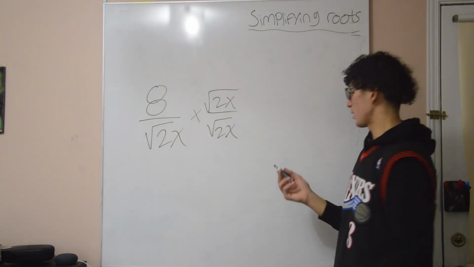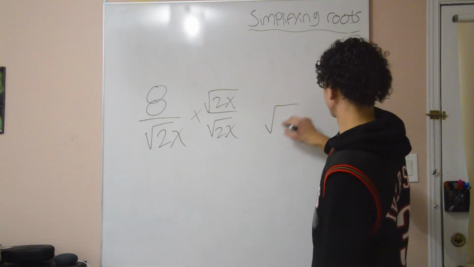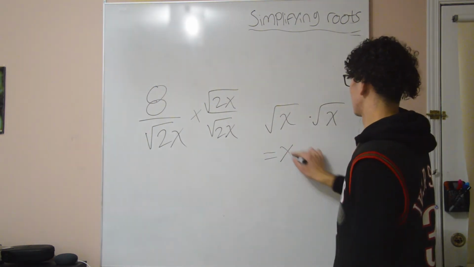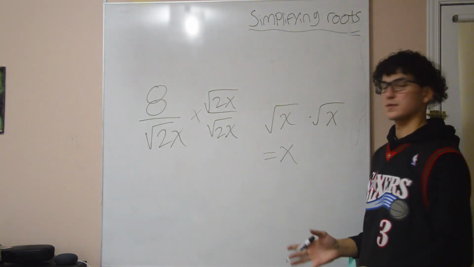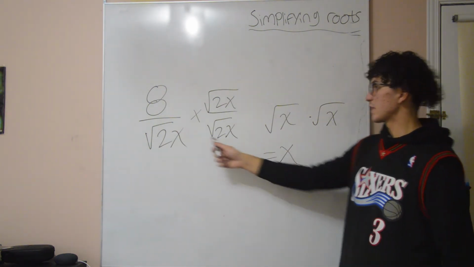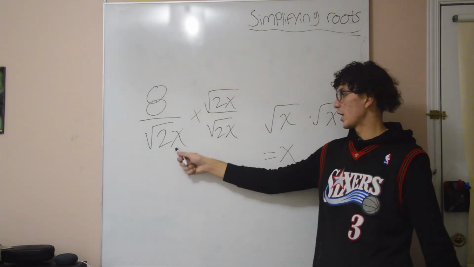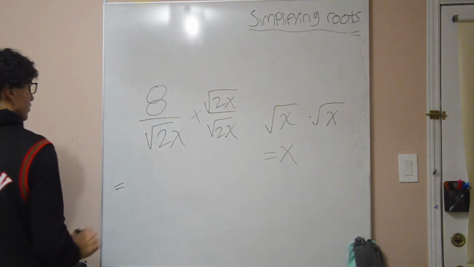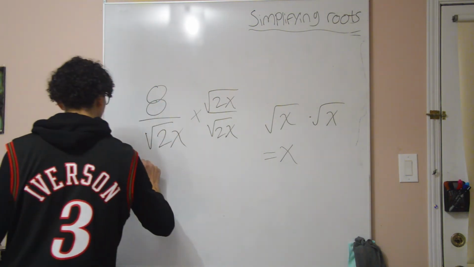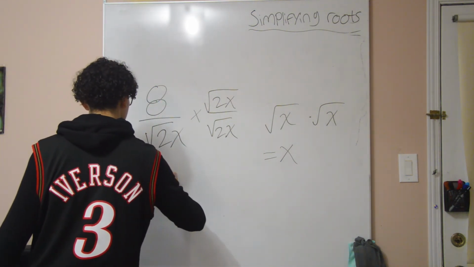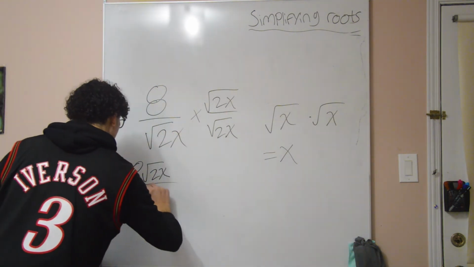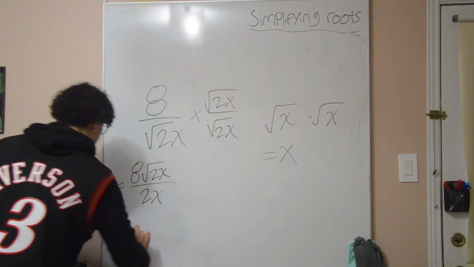So why do we do that? Because as I said earlier, root x times root x is equal to simply just x, right? So that's basically what we're doing. We're multiplying root x by root x. So from here, all we do is simplify. So 8 times root 2x becomes 8 root 2x, and root 2x times root 2x just stays as 2x.